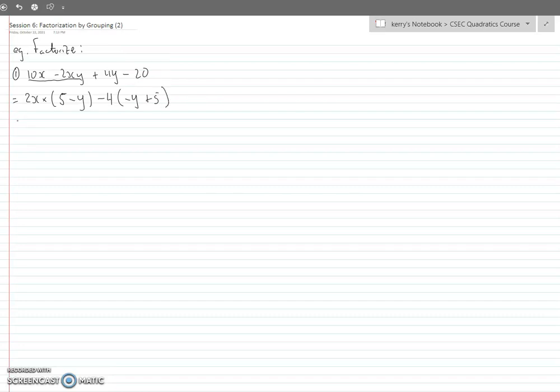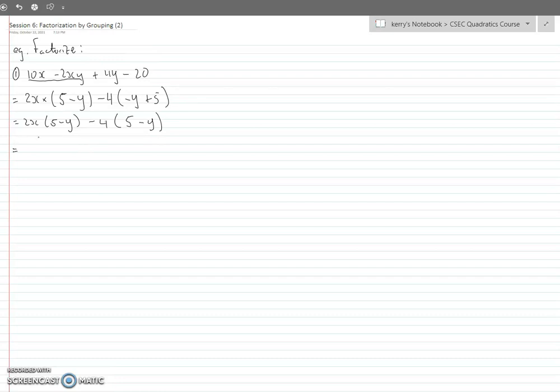Now you're probably wondering, well, we didn't do much there. What you have to remember is a little property of addition. Addition is commutative. It means that you could switch around the terms. Minus y plus 5 is the same as 5 plus minus y. That's what we call the commutative property. So this and this is actually the same thing.